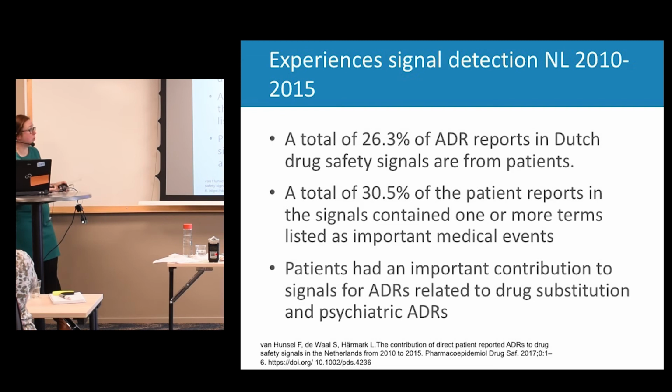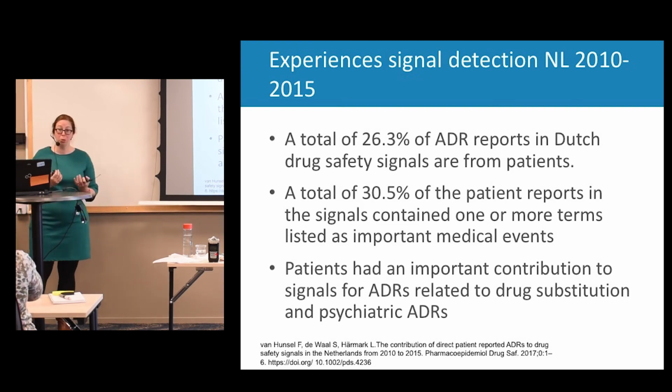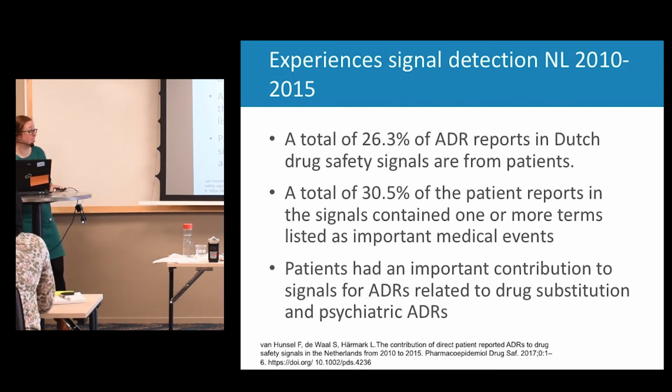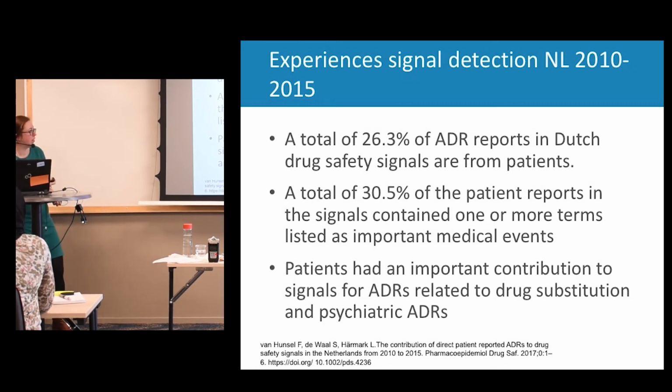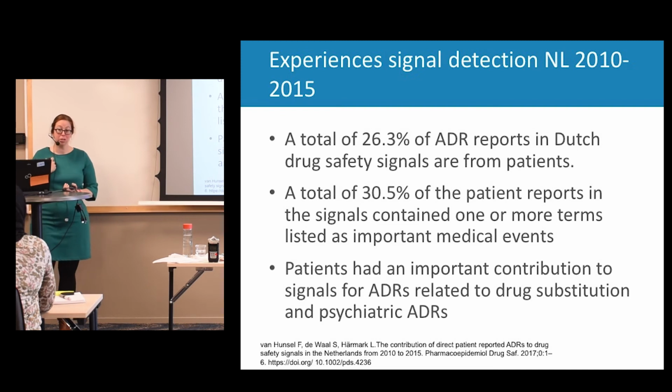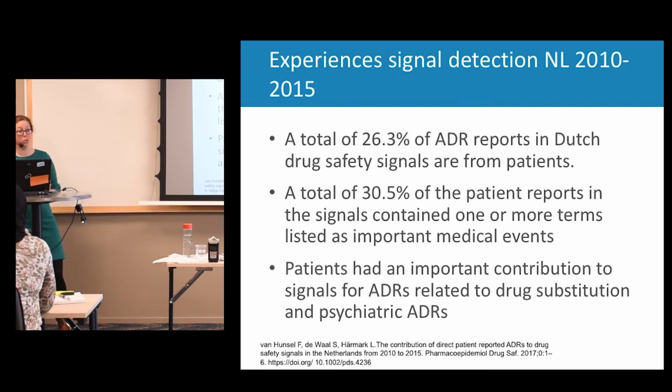And we also compare it with the healthcare professional reports on what type of signal would patients have an additional contribution to. Actually, it's very spread out on all system organ classes. There's not one type of signal that you can find with patient reports. We did see that there's more, at least in the Netherlands, drug substitution is something that patients report a lot about.